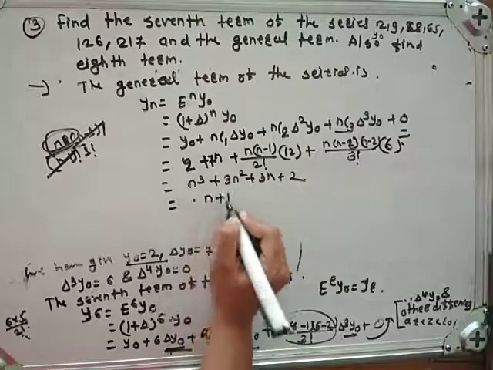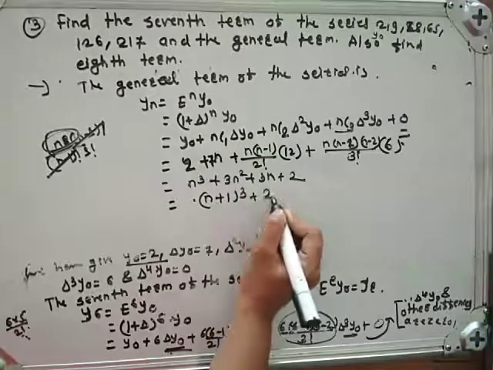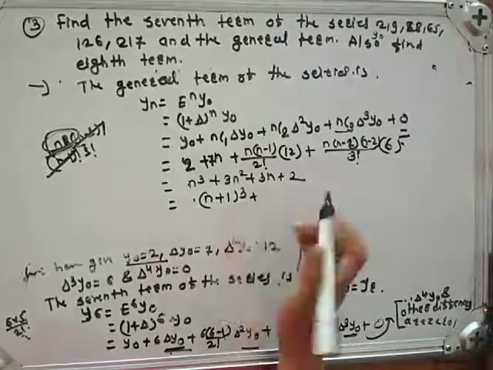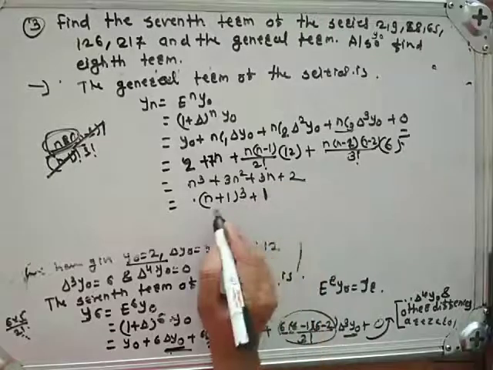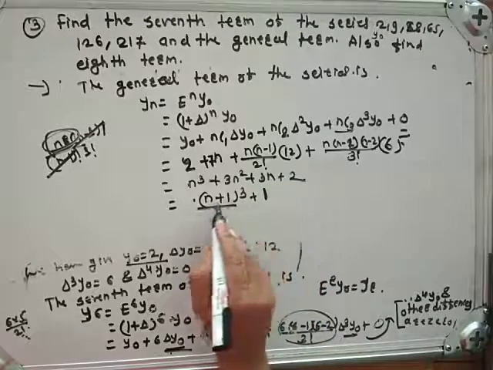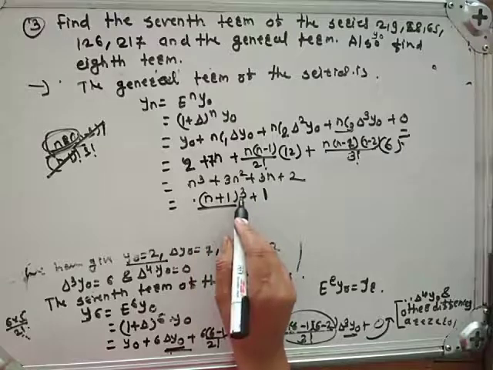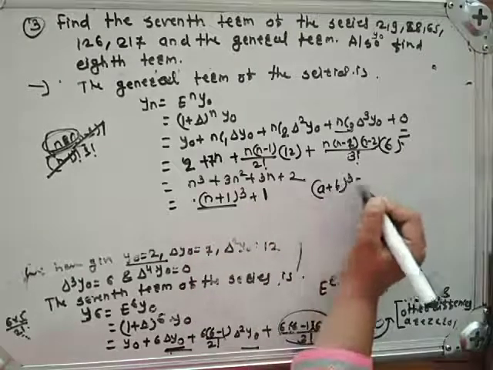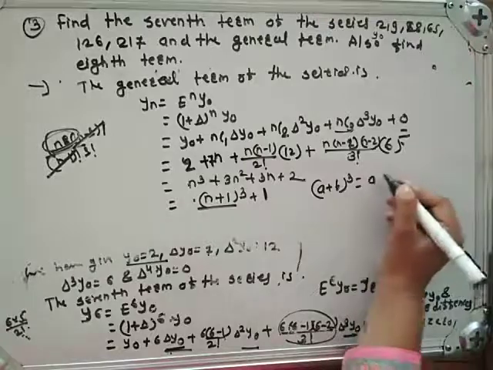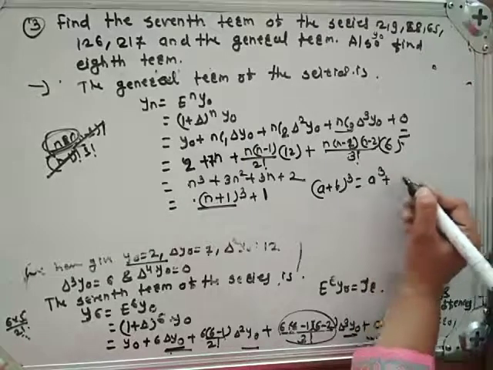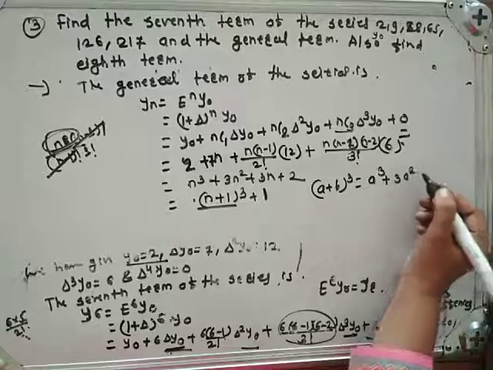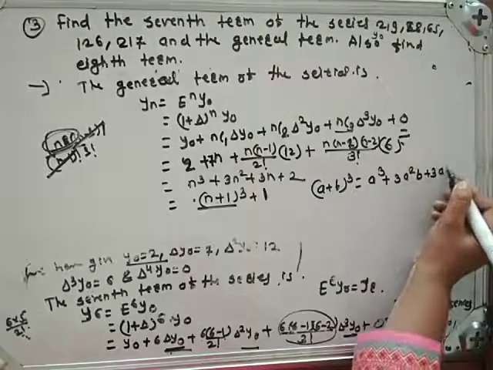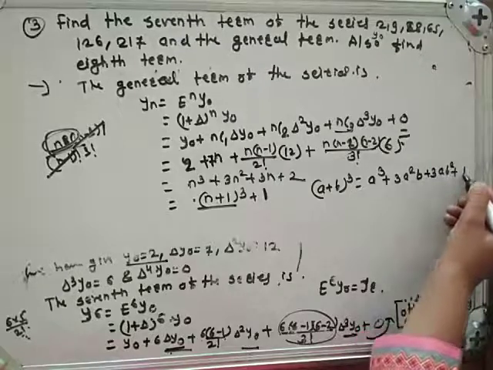(n plus 1) cube plus 2. Sorry, here it is 1. If you expand (n plus 1) cube by using the formula of (a plus b) cube, this formula is a cube plus 3 into a square b plus 3 into a b square plus b cube.